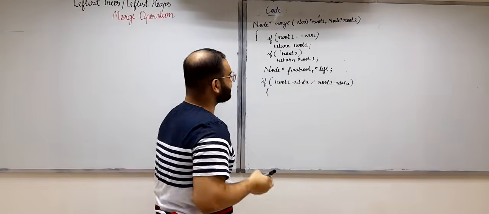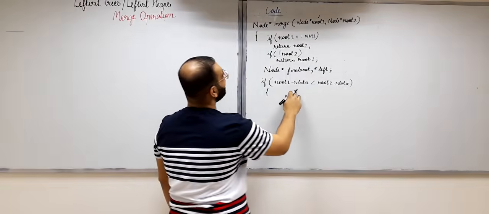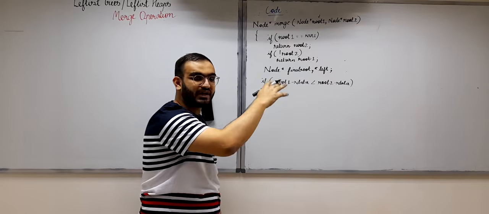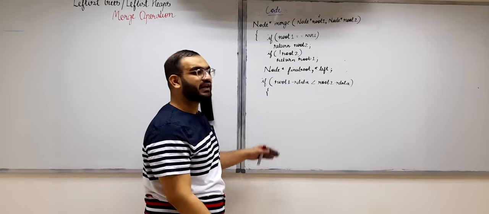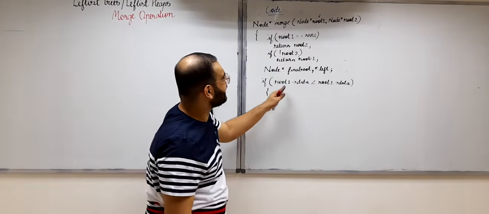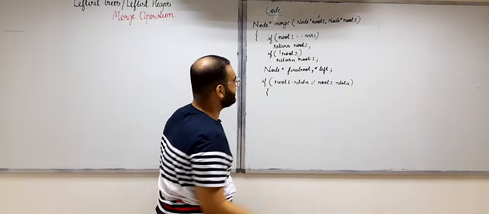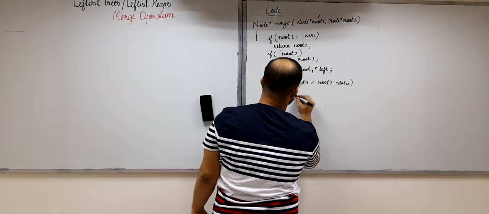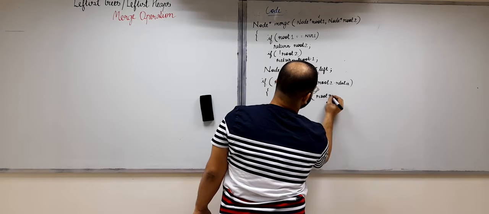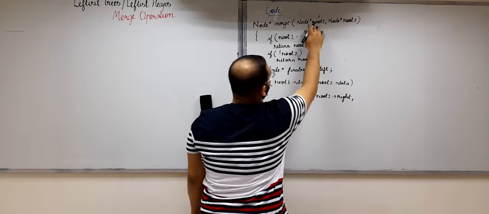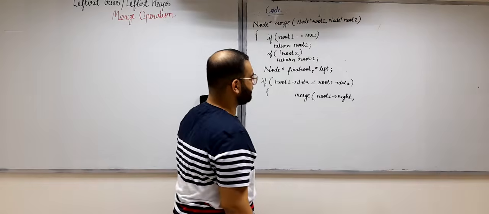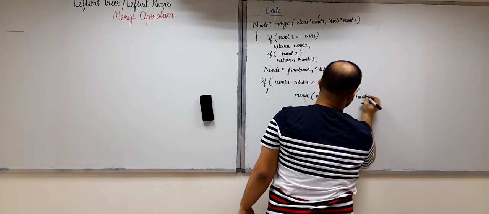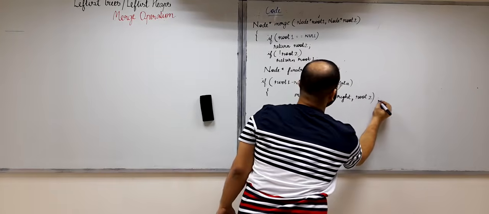In that case, we will make a recursive call for the right subtree of root 1, right? Why? Because it has a smaller root. So let us make a recursive call for the right subtree of leftist heap 1 and for leftist heap 2, right?